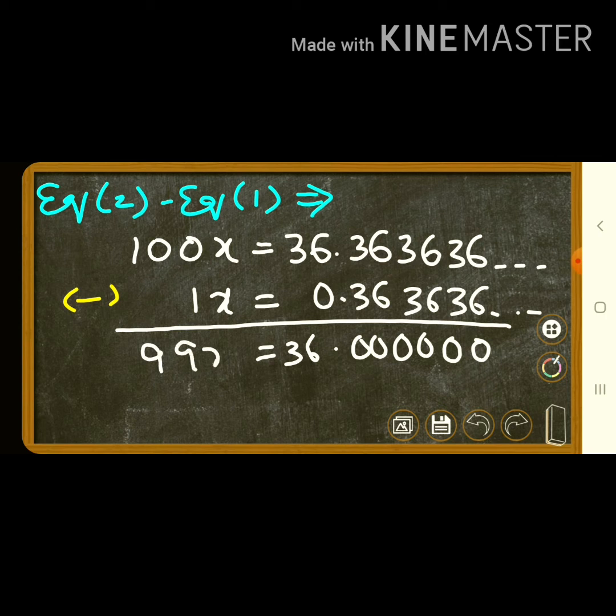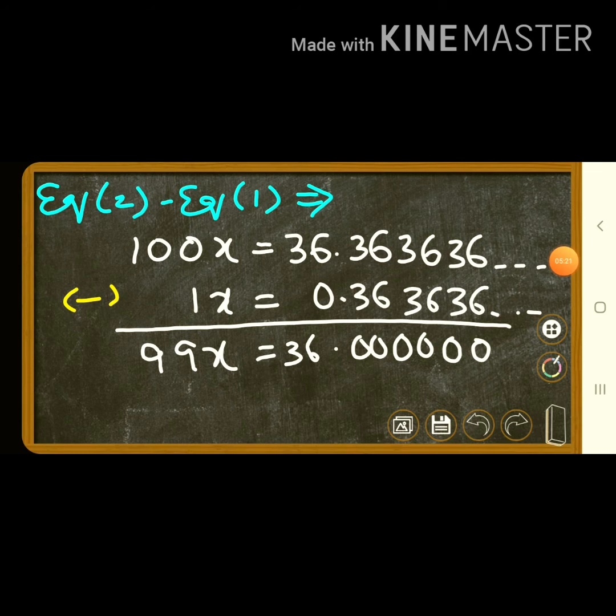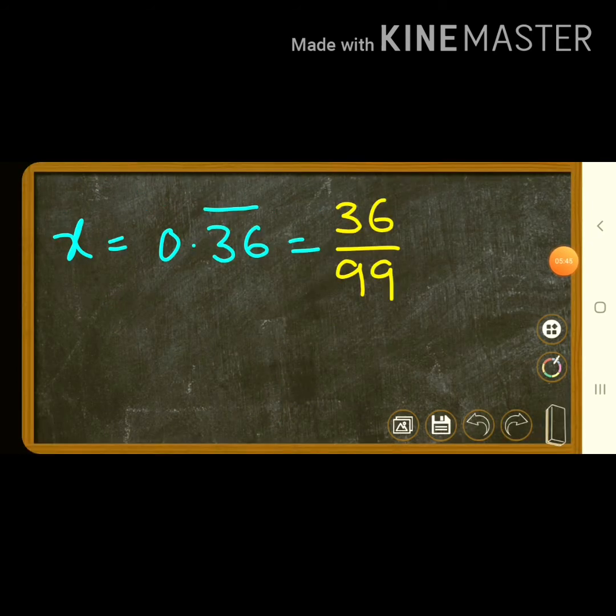So here 36.0000 means 36 itself. So solving this equation, we get x is equal to 36 by 99. This is the p by q form of 0.36 bar. So x is equal to 0.36 bar is equal to 36 by 99.